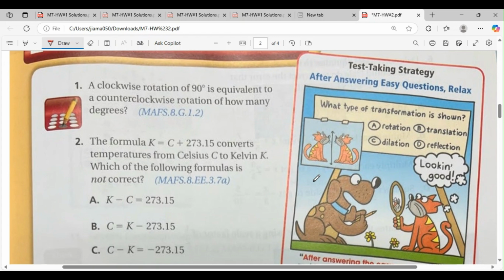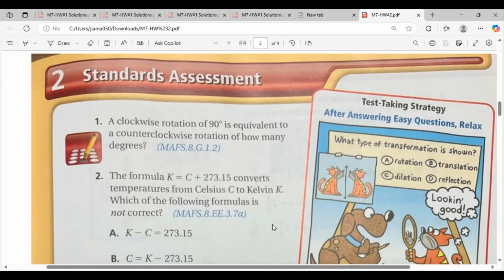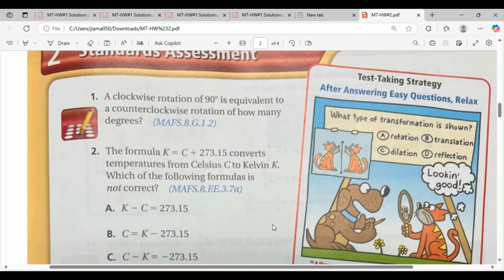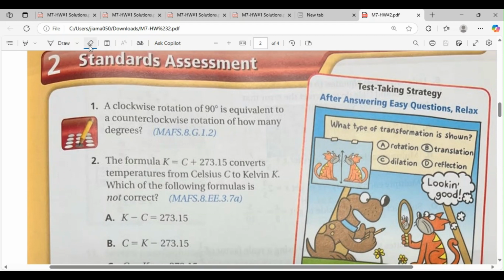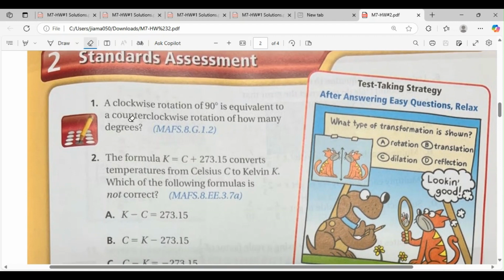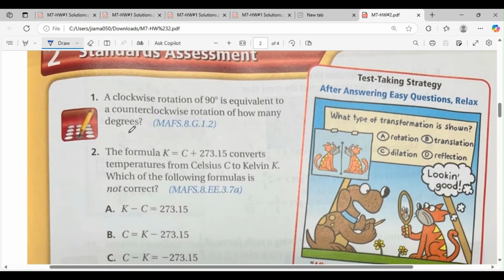Let's see. Next. Okay, number 1. A clockwise rotation of 90 degrees is equivalent to a counterclockwise rotation of how many degrees? Let's make an example of it.